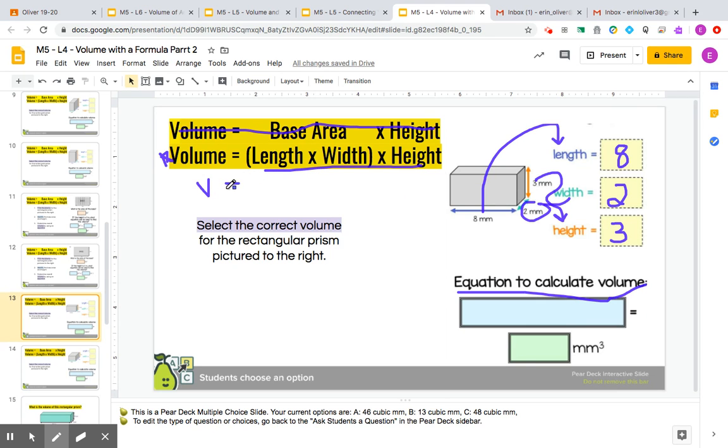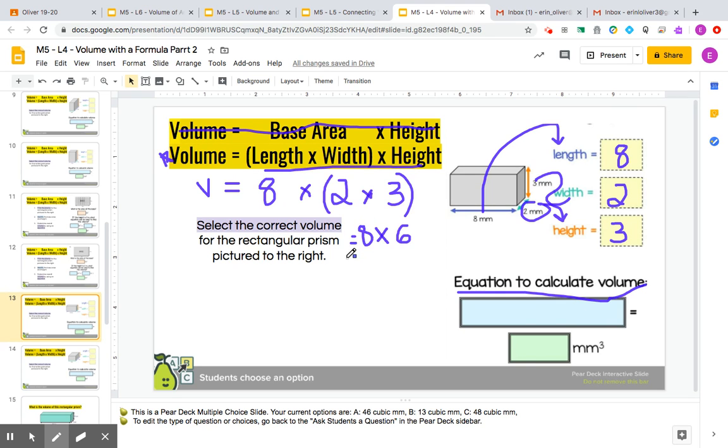We have volume equals, my length is 8. My width is 2. My height is 3. And now I just have to multiply. I know that 2 times 3 is 6. I still have to multiply by that 8.